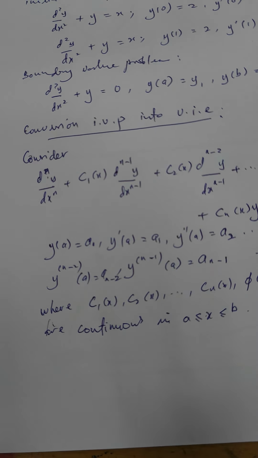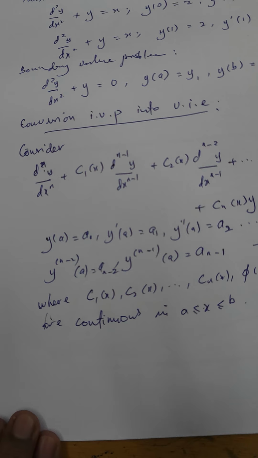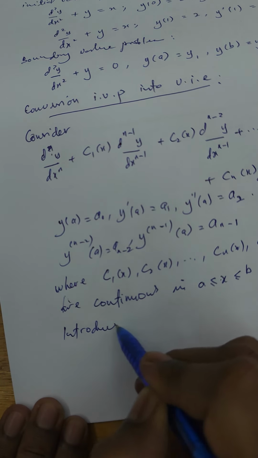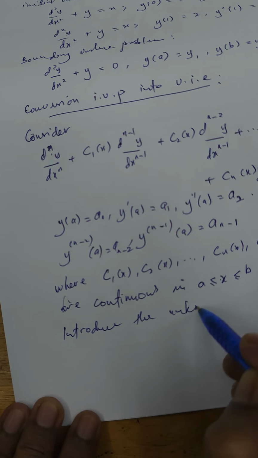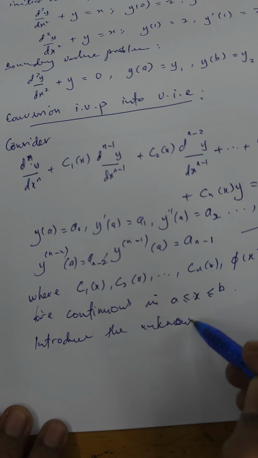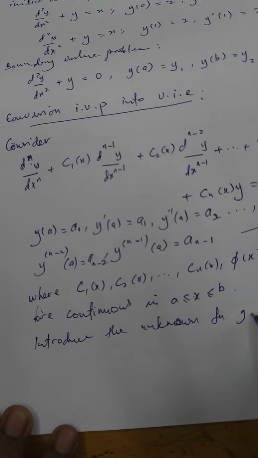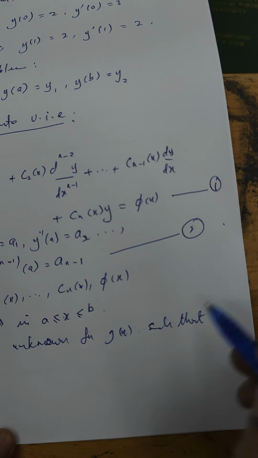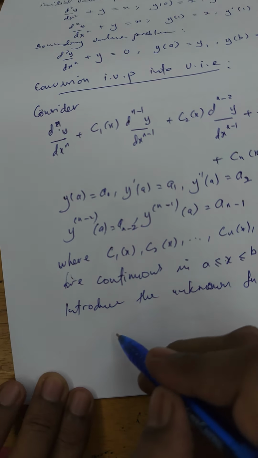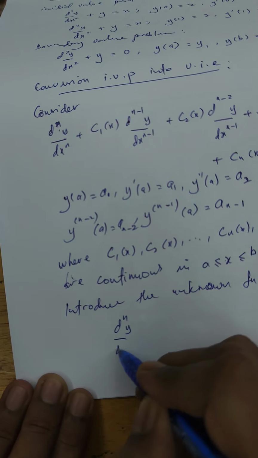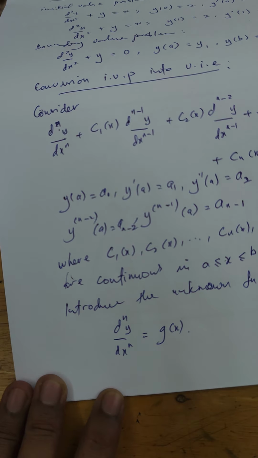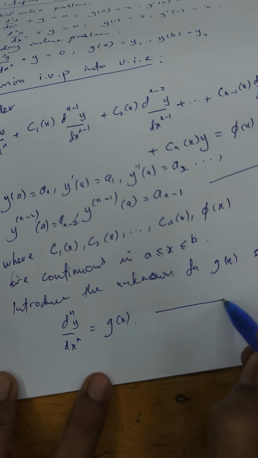In order to convert to an integral equation, we introduce the unknown function g(x) such that d^n y/dx^n equal to g(x). Let's call this equation number 3.